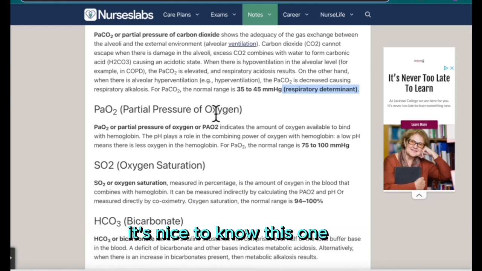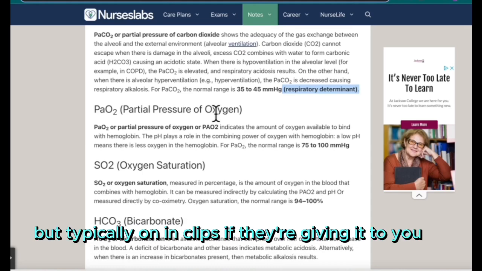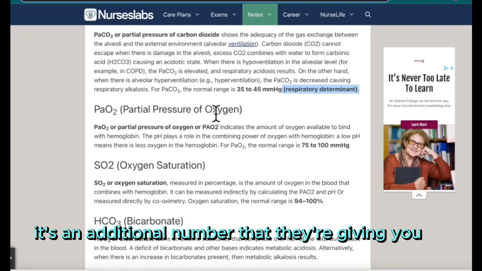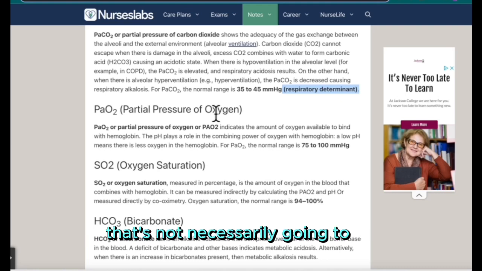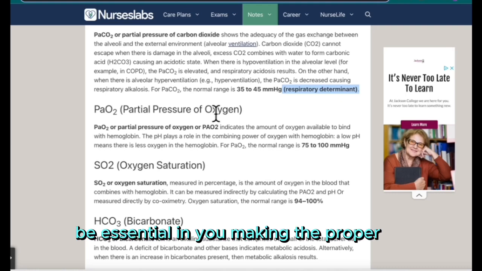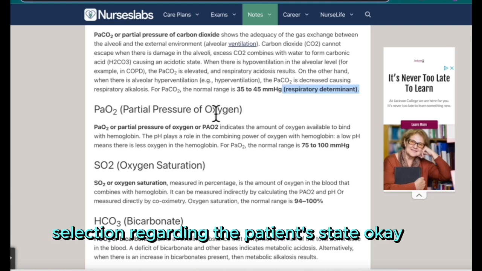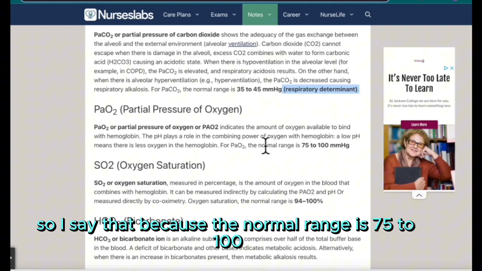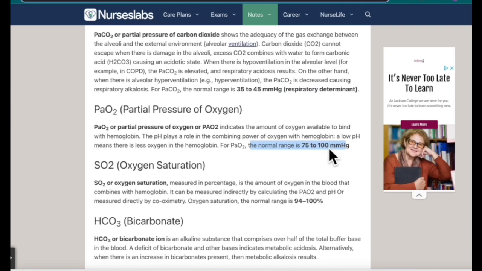It's nice to know this one, but typically on NCLEX, if they're giving it to you, it's an additional number that's not necessarily essential in making the proper selection regarding the patient's state. The normal range is 75 to 100.